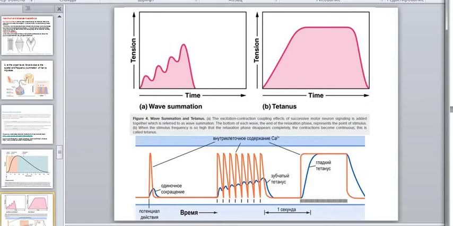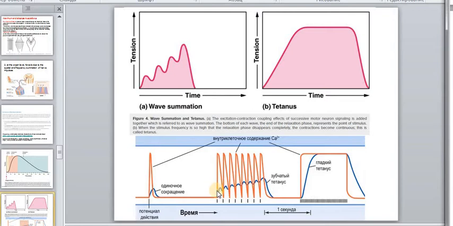The frequency of action potentials, nerve impulses from a motor neuron, and the number of motor neurons transmitting action potentials both affect the tension produced in skeletal muscles. If the fibers are stimulated while a previous twitch is still occurring, the second twitch will be stronger.